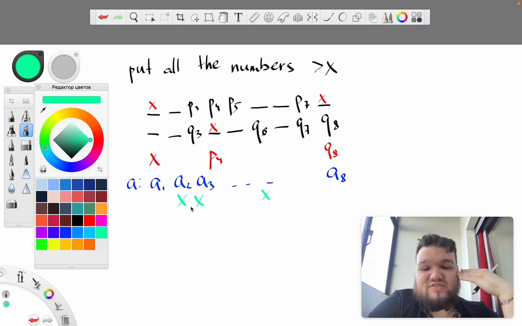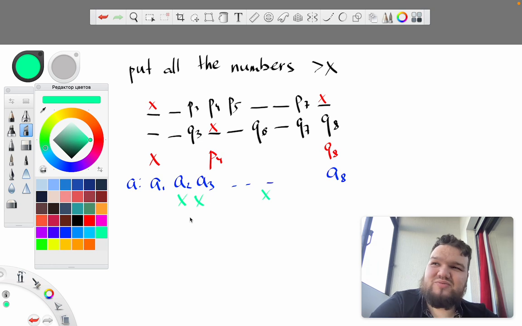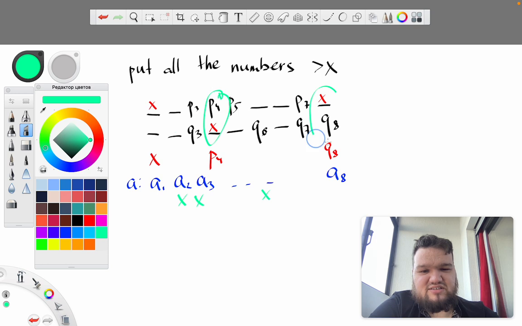What happens if there are no x's in array A? Well, we shouldn't put x's on empty positions, right? But we have to put them somewhere. So what should we do? We should put x's on positions that have bigger maximums.